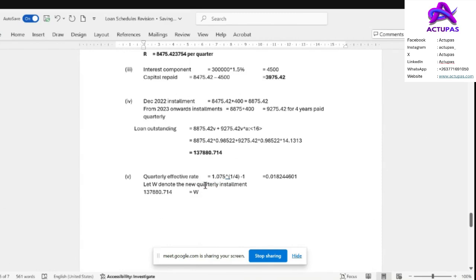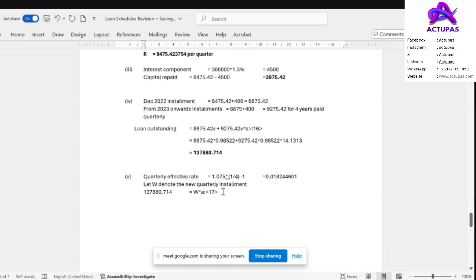So this would be W times an annuity for 17 periods.